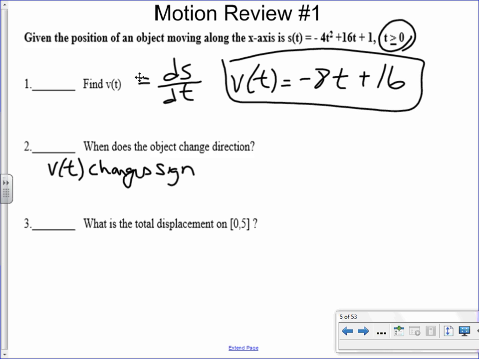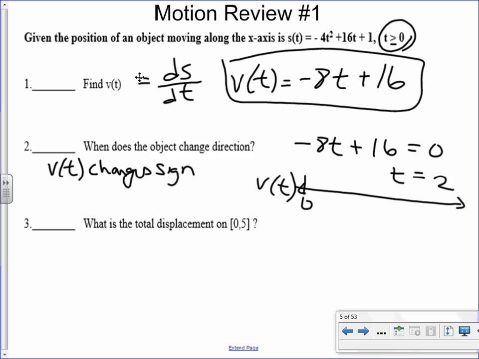If you set the velocity equal to 0, that happens when t is 2. So for your velocity sign chart, when you start at 0, the only time it could change sign would be at 2. You mark it off at 2.